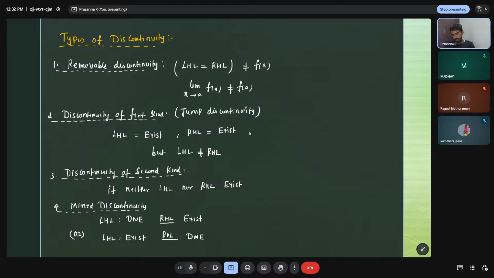Just a minute. What is the definition of discontinuity of second kind? Discontinuity of second kind if neither limit exists, right? Then it is of second kind.